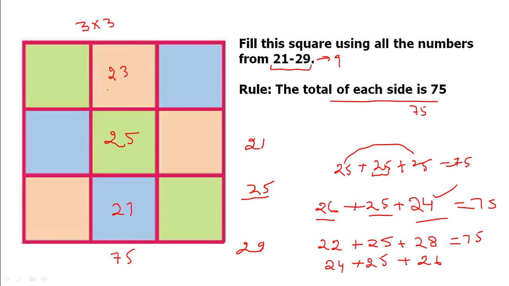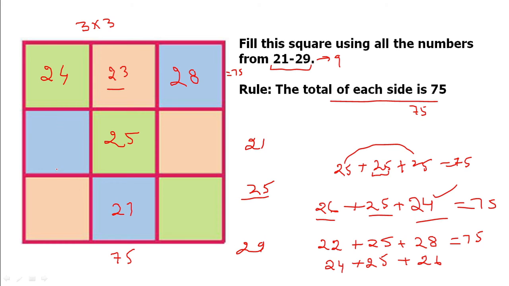Now, let us put here 28. 3 more than 25. Here I have to put only 1 less than 25. That is 24. Now the sum is again 75.